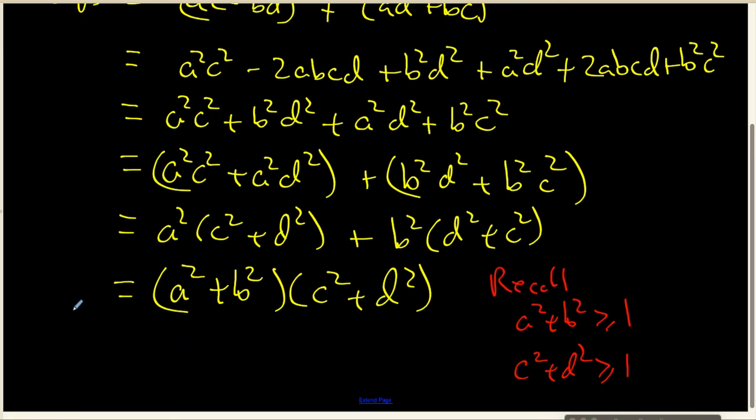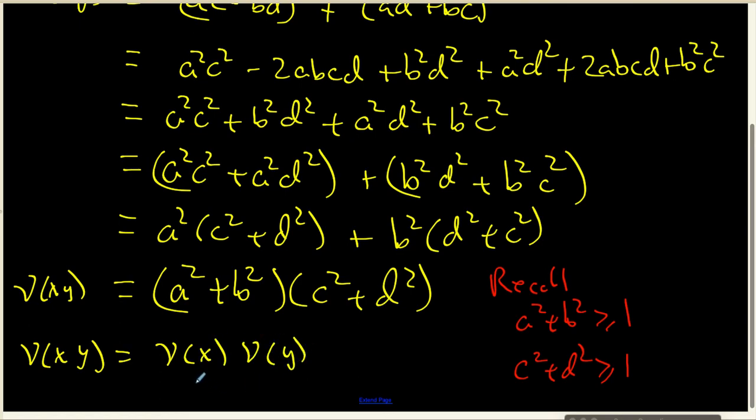And so what we have here, recall that this is nu of xy. This says nu of x times y is equal to nu of x times nu of y, and this factor here is bigger than or equal to 1, so the whole thing is at least as big as nu of x.